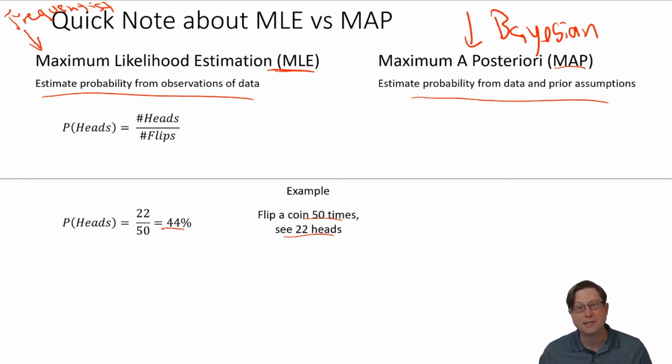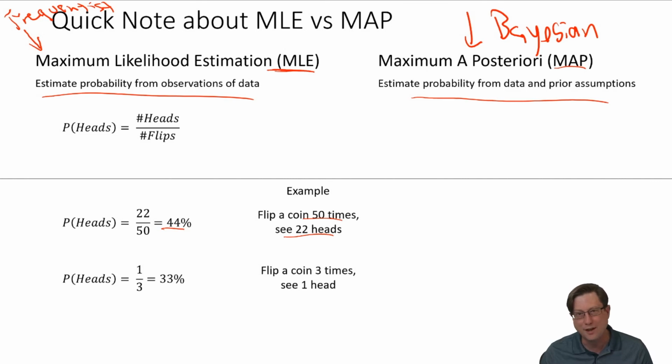Okay, maybe that's true. Well, what if we did another example? Let's flip the coin 3 times and you see a head 1 time. What's the probability that that coin is going to be heads? Now you're getting a little bit like, 3 flips of the coin, and I'm going to say 33%. And remember, when we talked about bounds and all of that stuff, we would just know that with this very small n, the variance of the estimate is going to be quite high. So you shouldn't just say 33%.